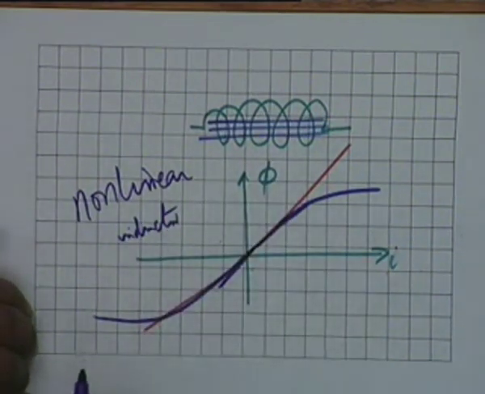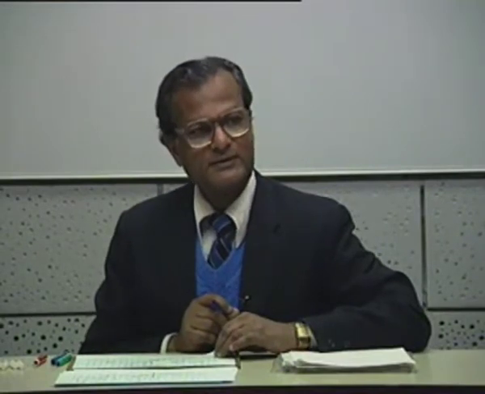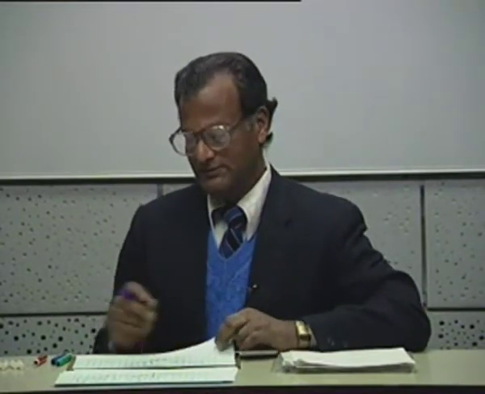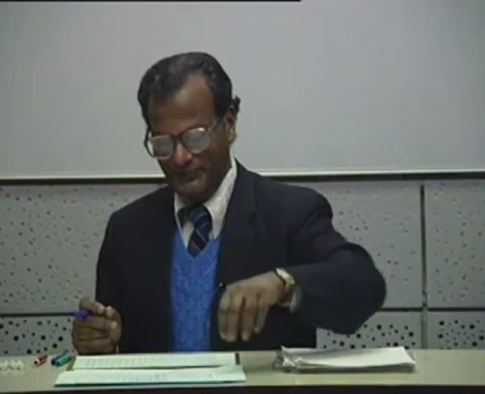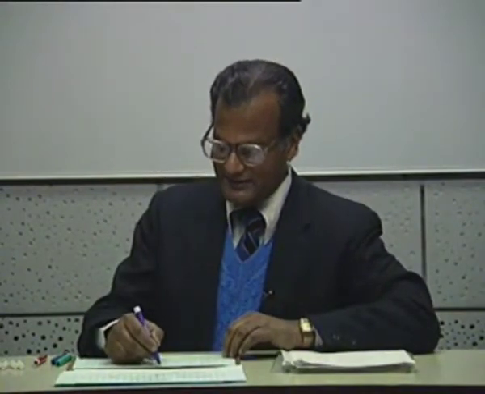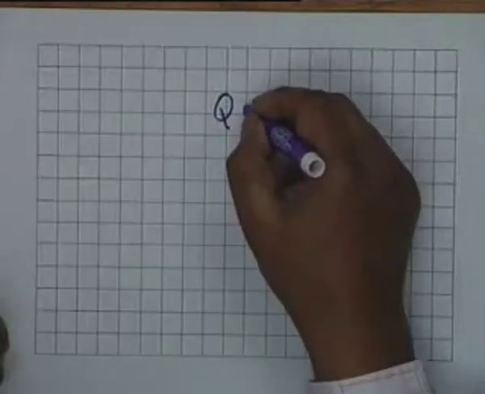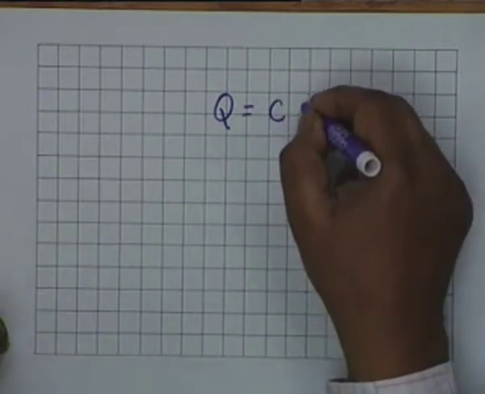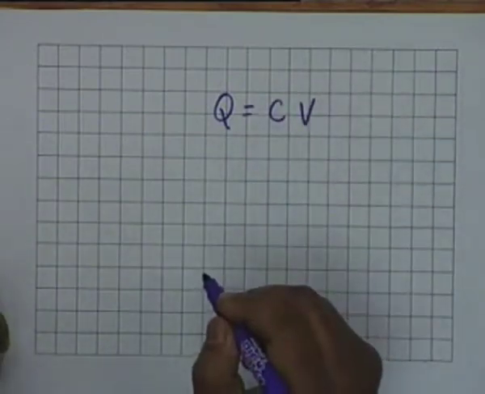Similarly, as you shall see later, you can make a semiconductor device in which the capacitance is proportional... well, in a linear capacitor, the charge should be proportional to voltage.